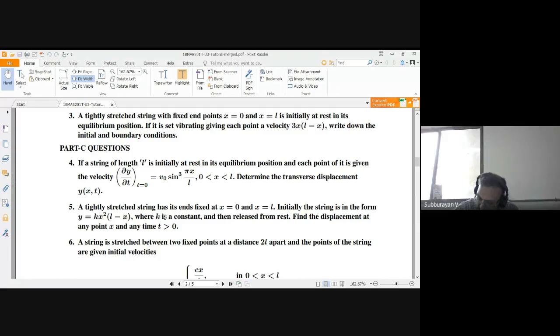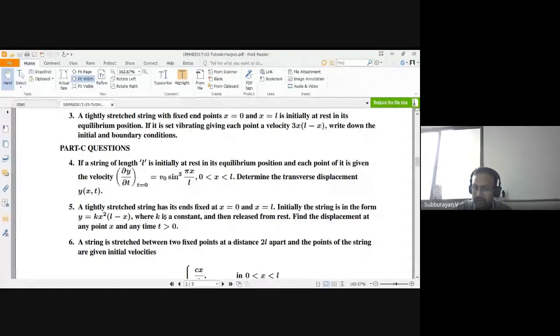And if you apply the fourth condition, you will get some bn dash, not bn, where your bn dash equal to bn into n pi c divided by L. Do you remember this? Bn dash equal to bn into n pi c by L. Okay.